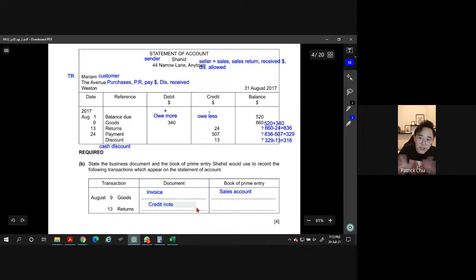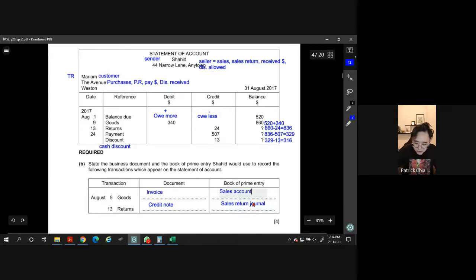Debit note don't need to record. If you put debit note, then what are you going to put in the books of prime entry? Okay, so the answer is credit note. So please do not confuse between the debit and the credit. They hardly ask you about debit note because debit note you need to record. Okay, so credit note, which one? This is going to be sales return journal.